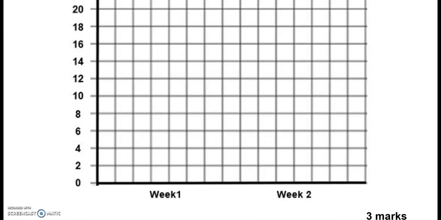Let's decide on the width of each bar first. So for week 1, if we start from here and then stop here, have again a 2 square gap, and we've got that going up to this point. So for week 1, we're going to go up to 18 because that's what we were told.